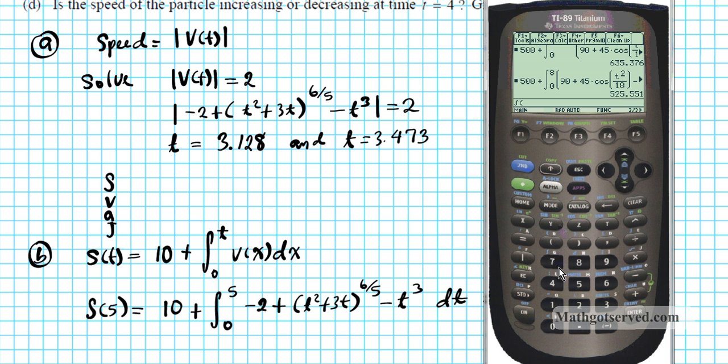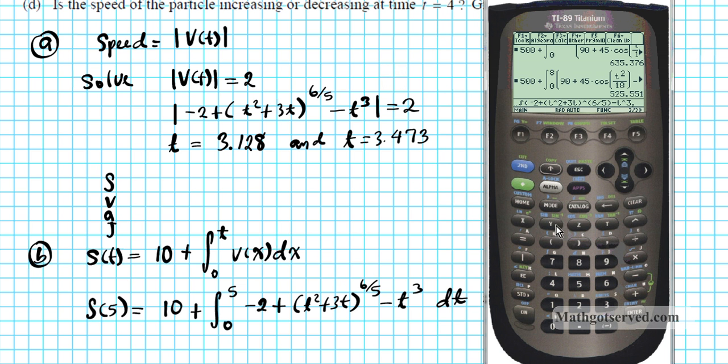The integral of, actually we start with 10 plus the integral of -2 plus the quantity t to the second power plus 3t, all of that raised to the 6 over 5 minus t to the third.